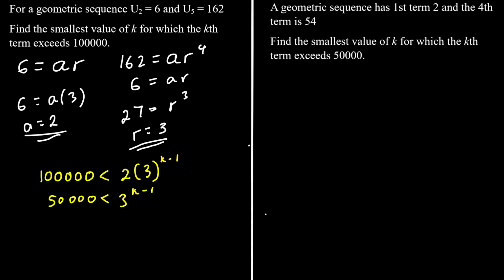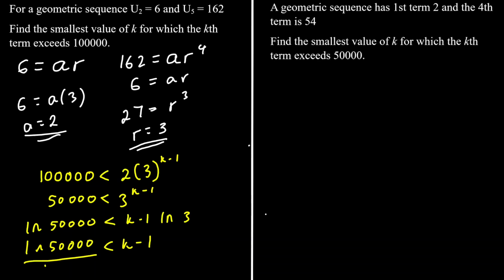Let's say log 50,000. And we'll have log, so k minus 1, log 3. So the k minus 1 will jump to the front. So k minus 1 is bigger than log 50,000 over log 3.